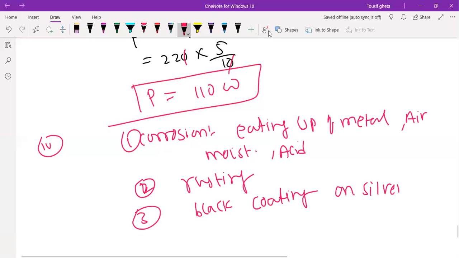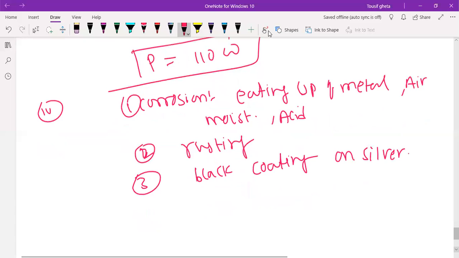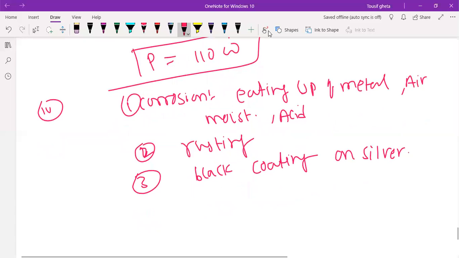And I think it is because of the sulfur. The silver will react with sulfur. Silver sulfide will form. And because of the silver sulfide, the silver will get a black coating, right? Rusting is the iron corrosion. Corrosion means eating up of metal because of moisture, acid, air, etc.